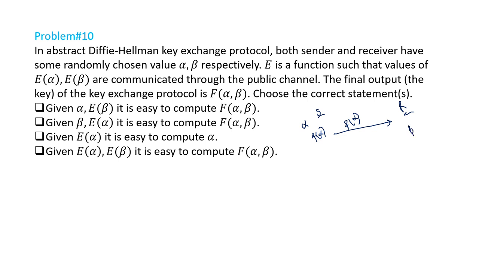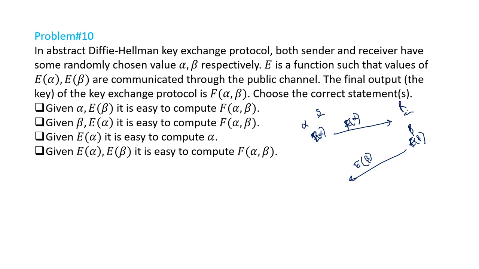The receiver also samples some secret value beta on its own, and instead of sending beta through the public channel, it computes e of beta and sends e of beta to the public channel. Now the e function should be such that given alpha it is easy to compute e of alpha, but given e of alpha it is hard to compute alpha. That is the necessary property here.